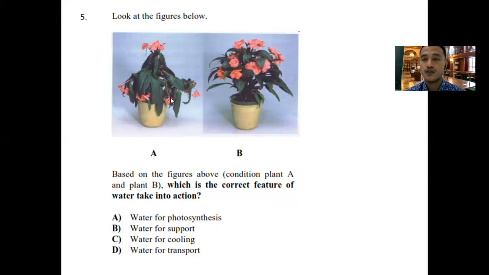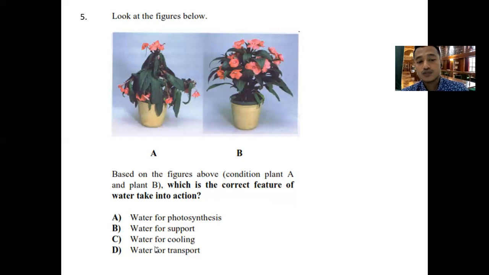Because cooling happens when the temperature is really hot, and the plants absorb a lot of water from the soil, and some of the plants release water from the leaf through the stomata as water vapor, which cools the surrounding tissues inside the plant.